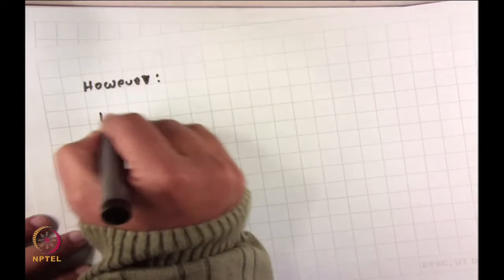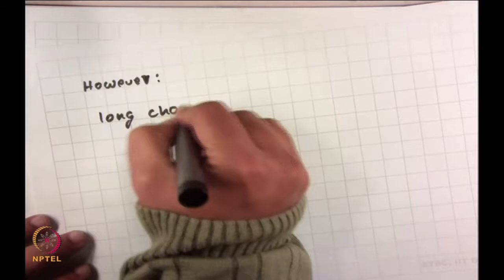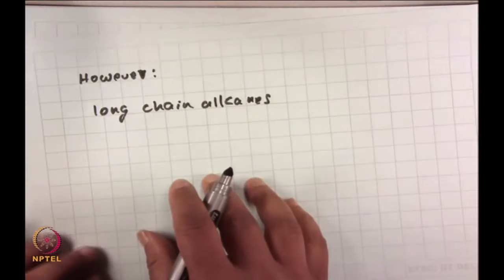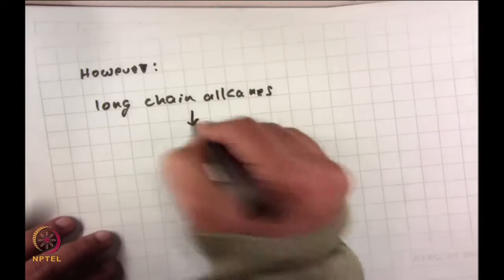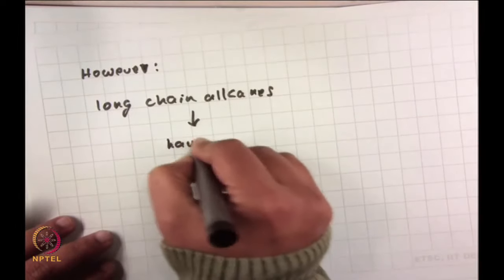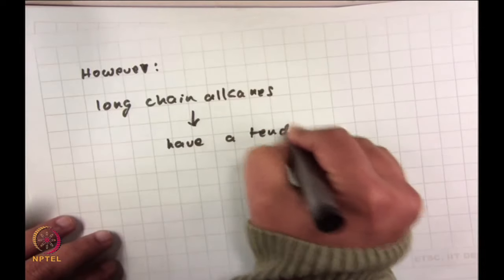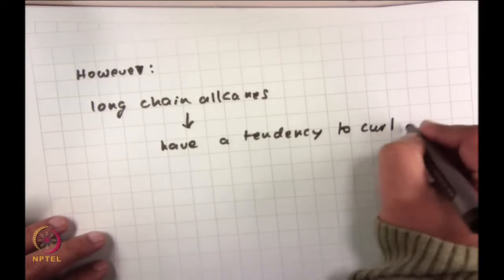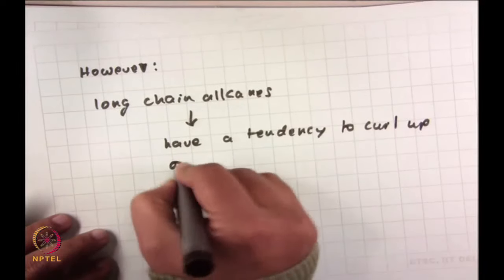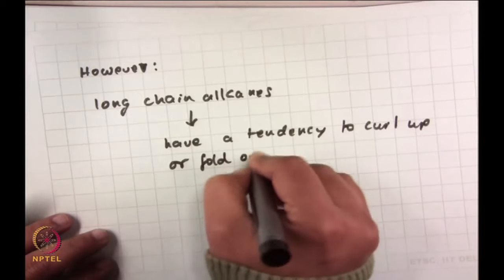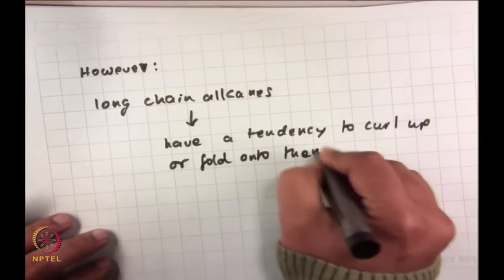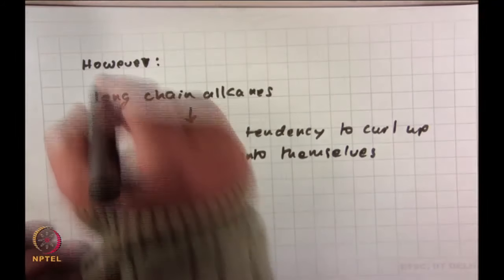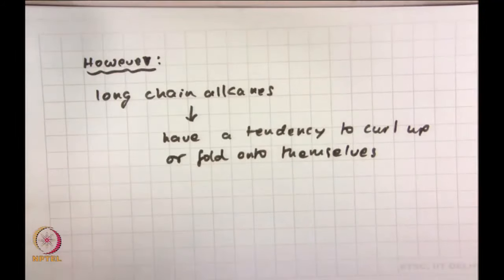If you go to very long chain alkanes, what happens is these alkanes have a tendency to curl up or fold onto themselves. And the reason is very straightforward.